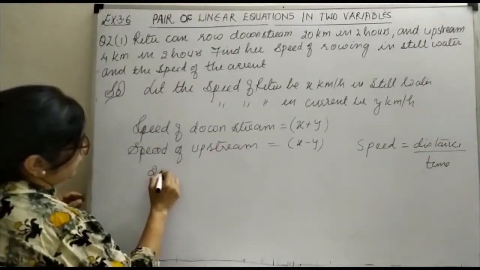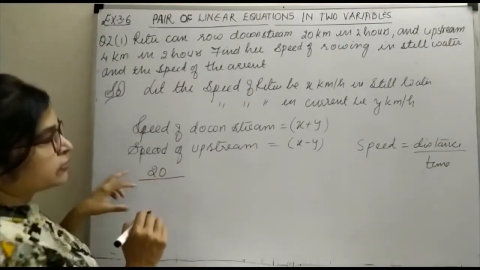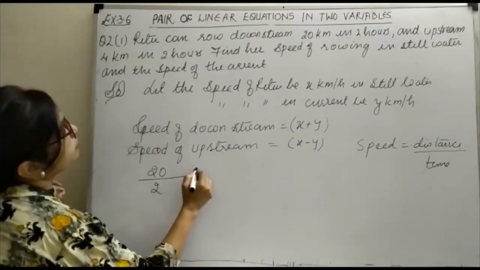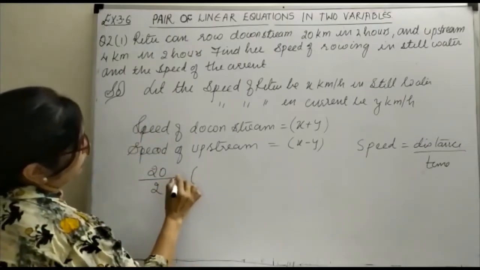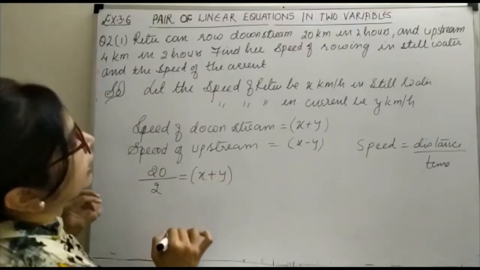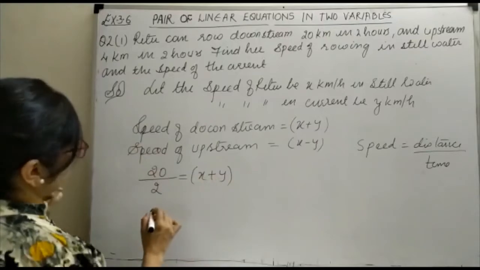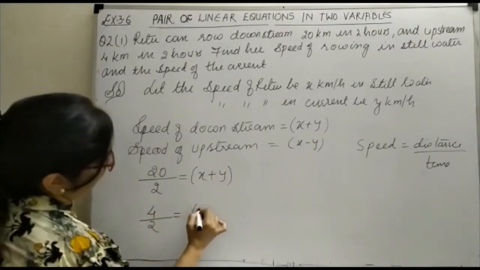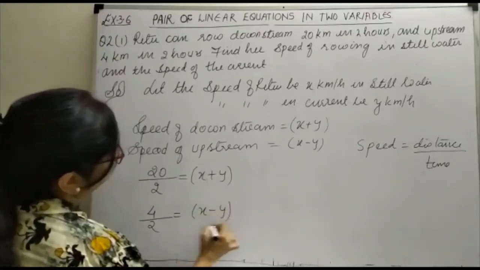So 20 kilometer distance upon 2 hours, and the speed is equal to x plus y, and upstream 4 kilometers is the distance, again the time is 2, and this is upstream, this is x minus y.